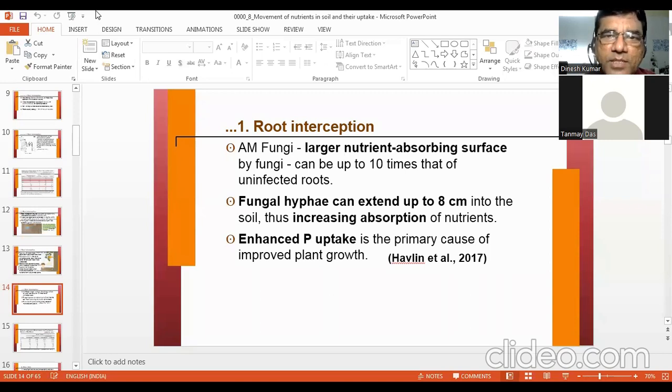So many times you must have seen that intercropping results in better growth of the associated crop, maybe cereal or oilseed. It is basically because of current transfer of nitrogen from the legumes. That is another interesting story. And another point is that these mycorrhiza help in the uptake of almost all the nutrients, including phosphorus, zinc, potassium, and many other nutrients.